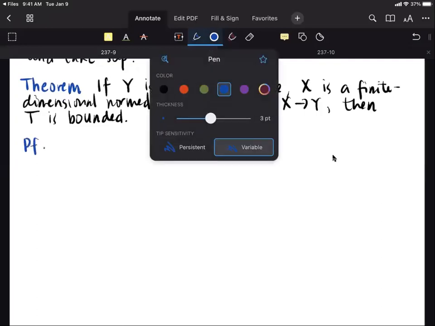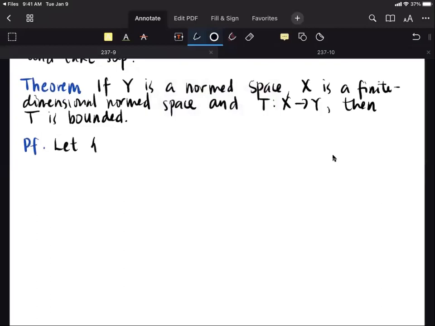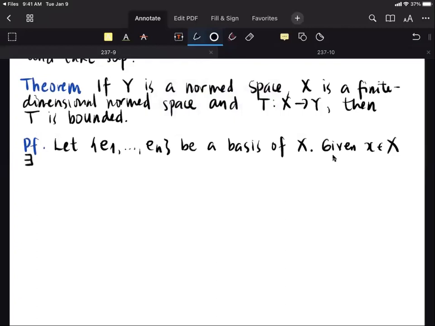So let us look at the proof. Let us start with a basis of X. Then given any x in your finite dimensional normed space, there exist x1 up to xn in the field such that x can be written as a linear combination of your basis vectors.